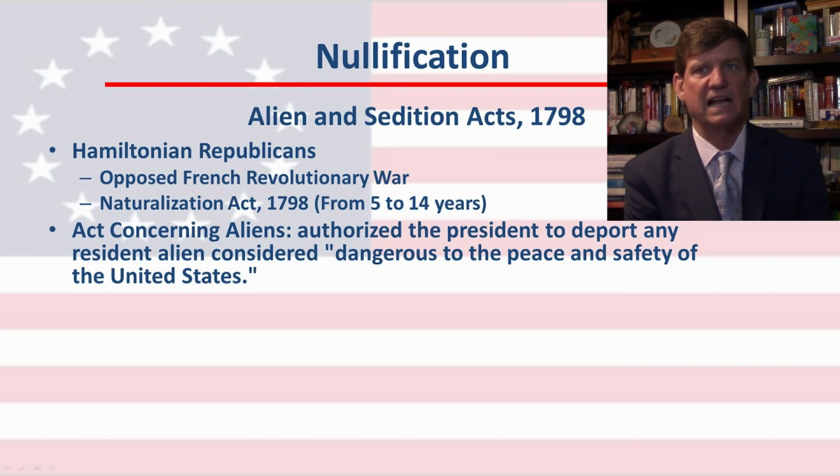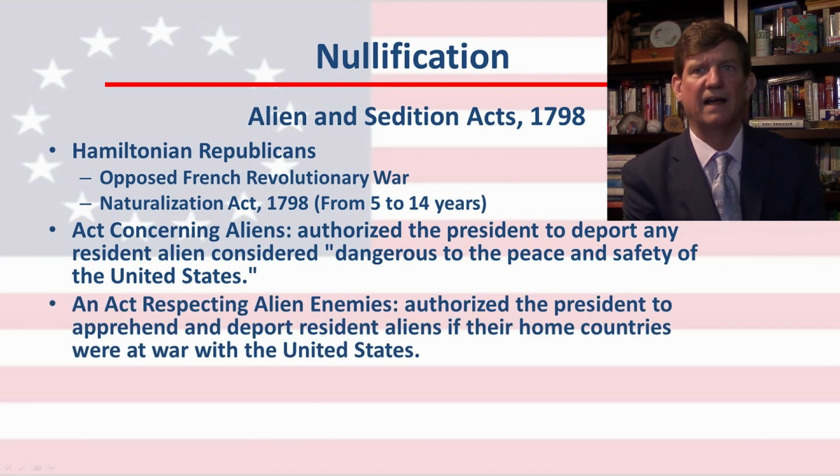The Naturalization Act in 1798 expanded the time frame for naturalization, of becoming a United States citizen, from 5 to 14 years. Meaning if someone came from France and wanted to become a United States citizen, instead of having to wait 5 years, they had to wait 14. This was meant to stop Europeans from coming into the United States, becoming American citizens, and trying to take charge of American democracy.